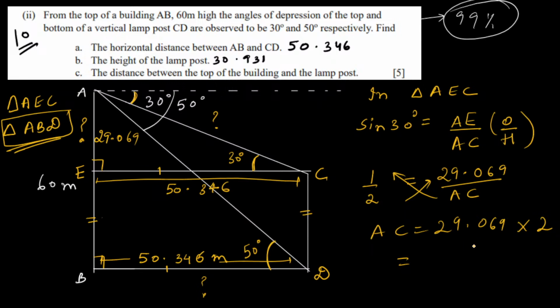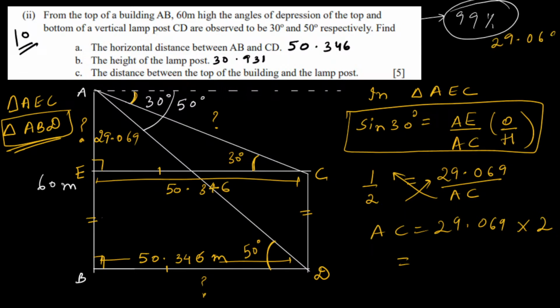Sine or cos also you can use, because the base we also know, but cos 30 is root 3 by 2. With sine it will be easier, so that's why I used sine. So multiply it with 2. 29.069 into 2 is 58.138 meter.